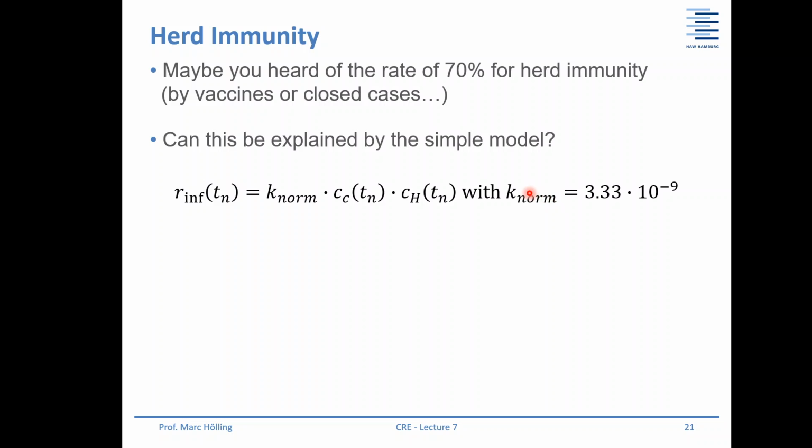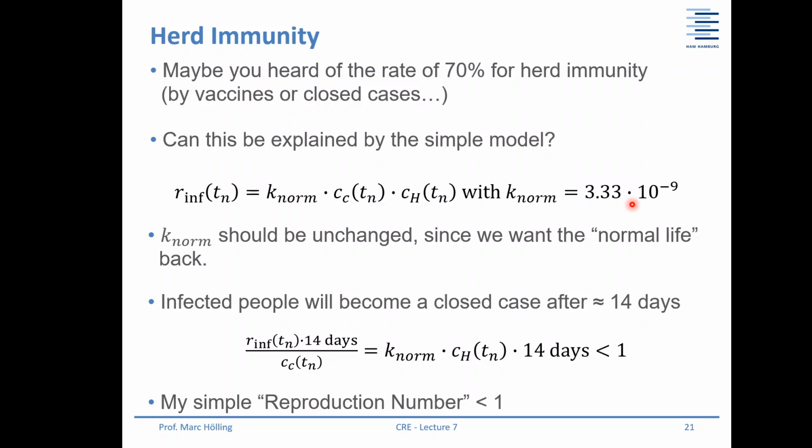So if we want to have our normal life back, then this k_norm, the rate constant for our normal life, shouldn't be changed at all. One day in future we want to go back to football stadiums, restaurants, maybe vacation, holidays, whatever.